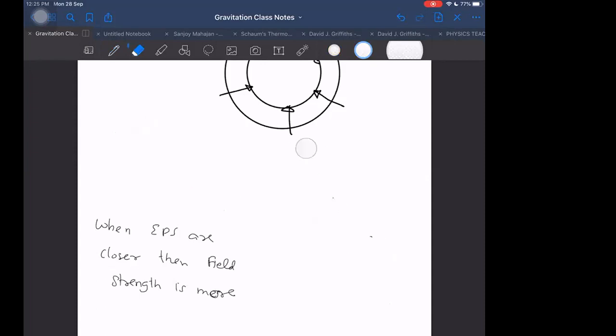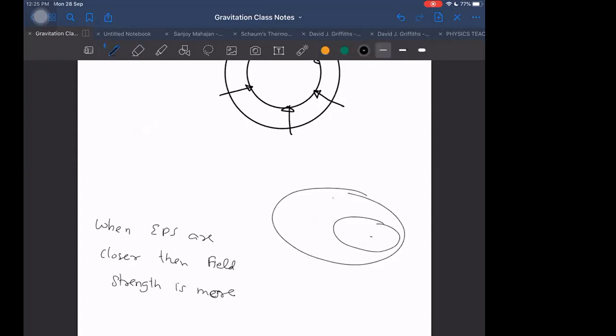For example, if I have this kind of situation, I can tell quickly that at A there is more field as compared to at B, because at A the distance is less, and at B it is more. This is equipotential surface 1 and this is equipotential surface 2. At A there will be a stronger field as compared to at B. Field lines will always move in such a way that they always remain perpendicular to the equipotential surfaces locally.